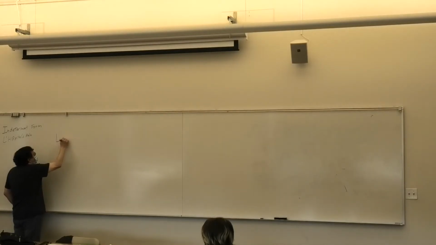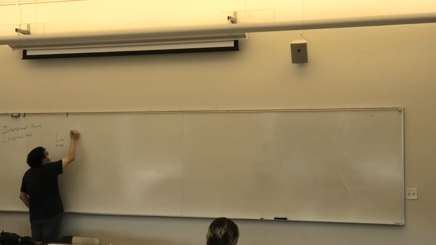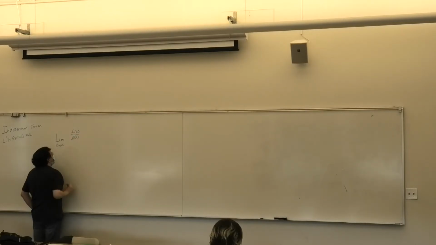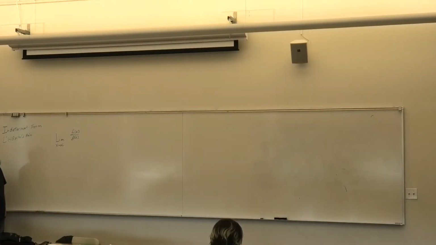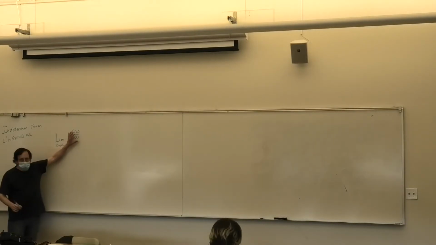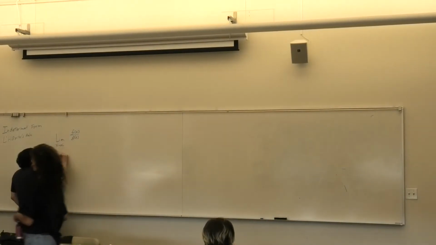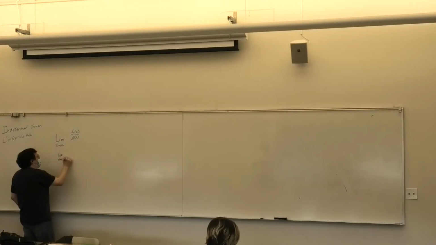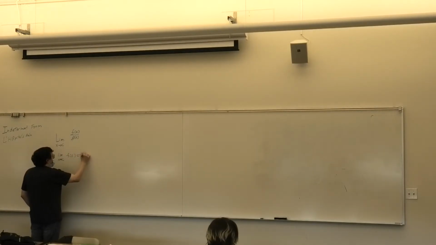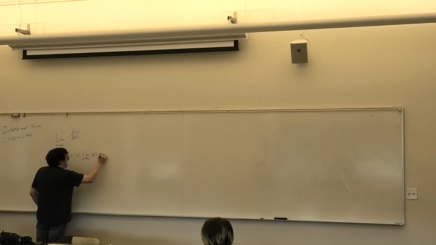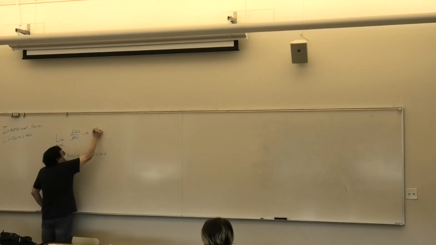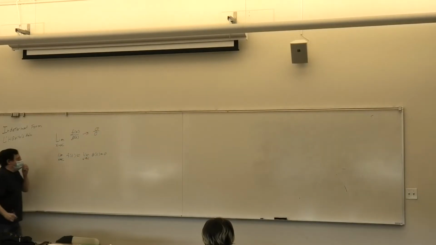So if you have some limit where you have something like this, f of x over g of x, or, you know, it could be different, but it's an indeterminate form. What that means is, as an example, the limit as x approaches c of f of x is equal to the limit as x approaches c of g of x equals 0. In other words, 0 over 0, which is an indeterminate form.